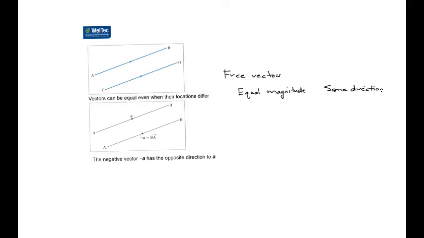If we look at the second diagram, the opposite vector, minus A, has the opposite direction to A. So it's the same length, but it's going in the opposite direction.